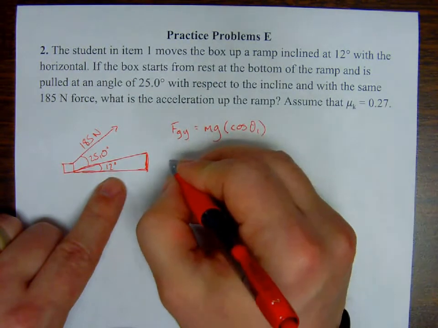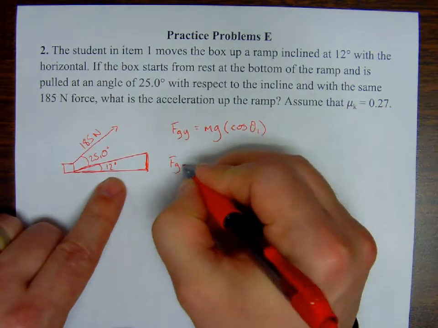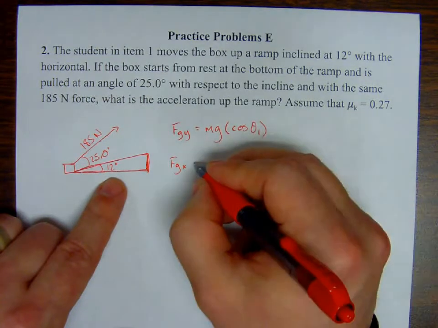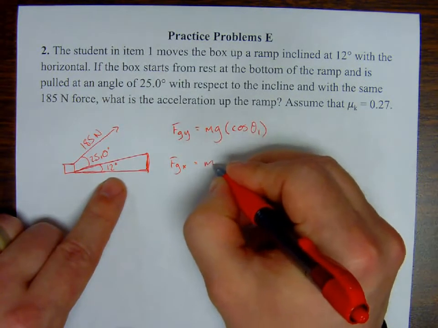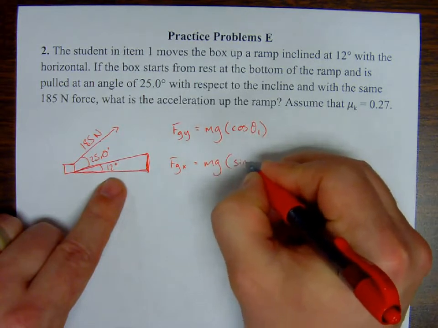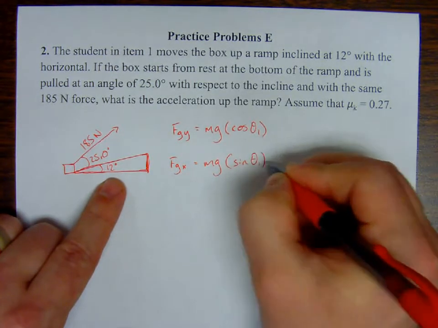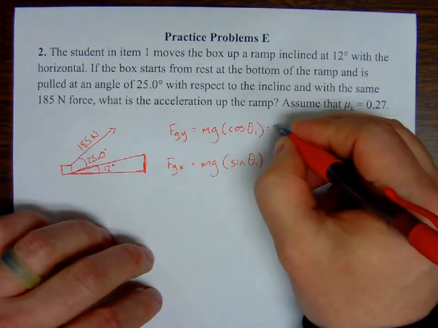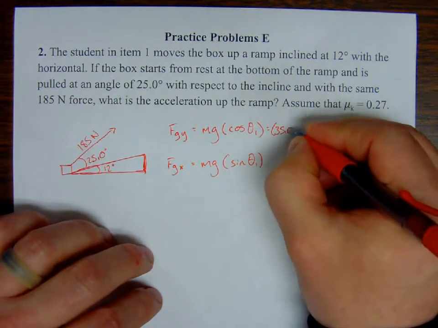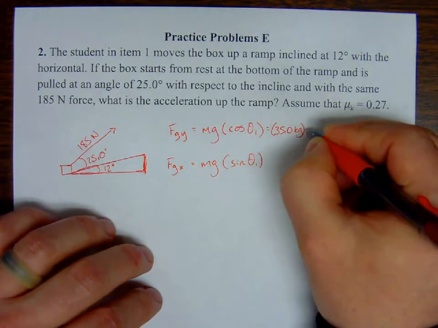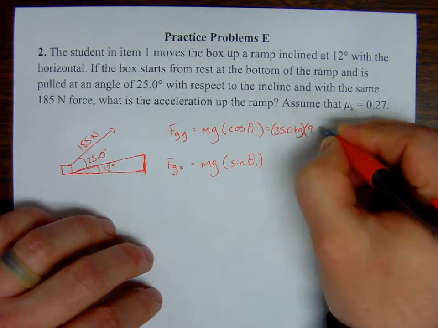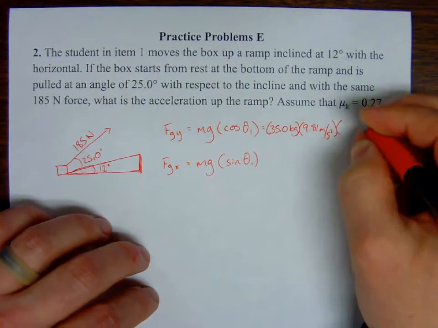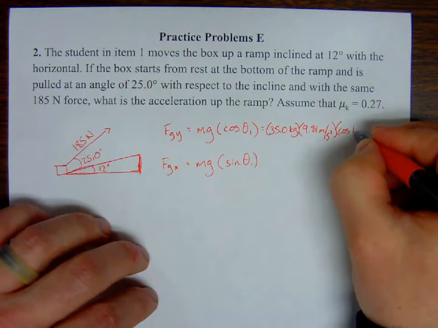We can actually crank that out pretty quickly because we already have values. Cosine of 12 degrees. Set up my next. Sine of 12 degrees.